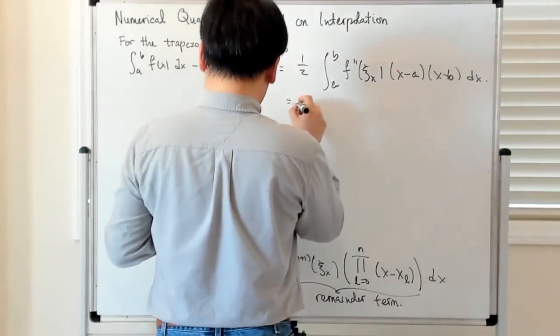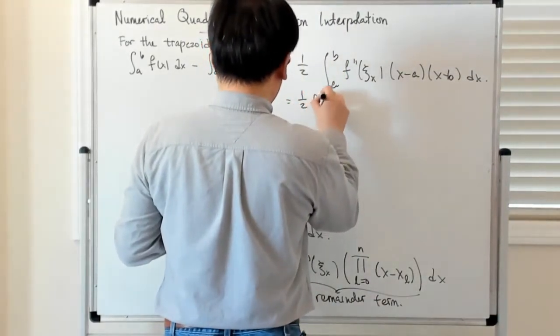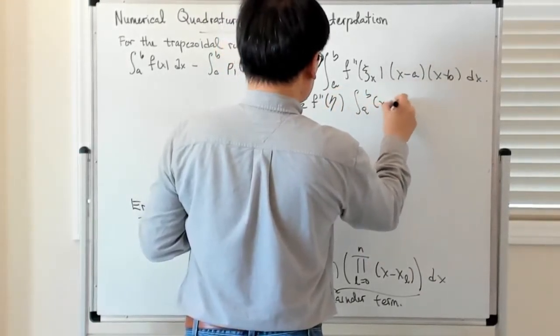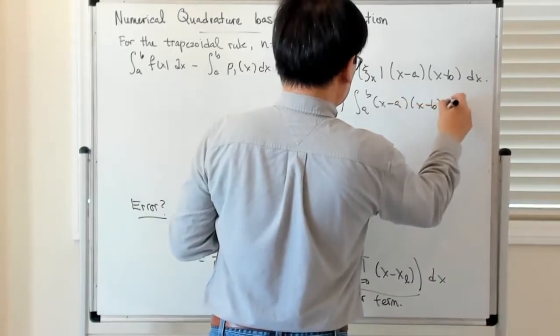Okay, so this is equal to 1/2 f double prime at some point η, times the integral from a to b of x minus a, x minus b, dx.